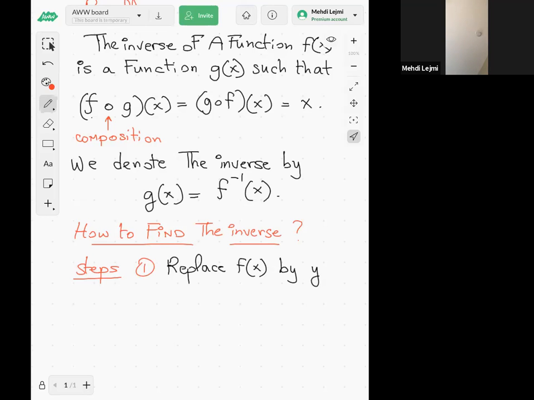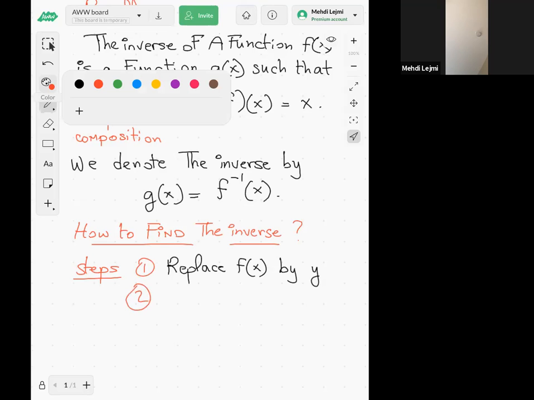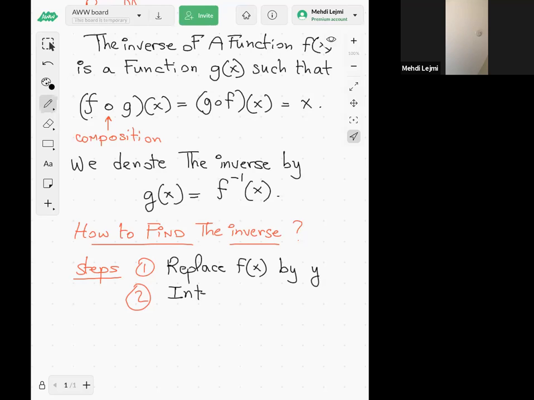Second, you interchange x and y. And third, we solve for y. Those are the main steps to find the inverse.